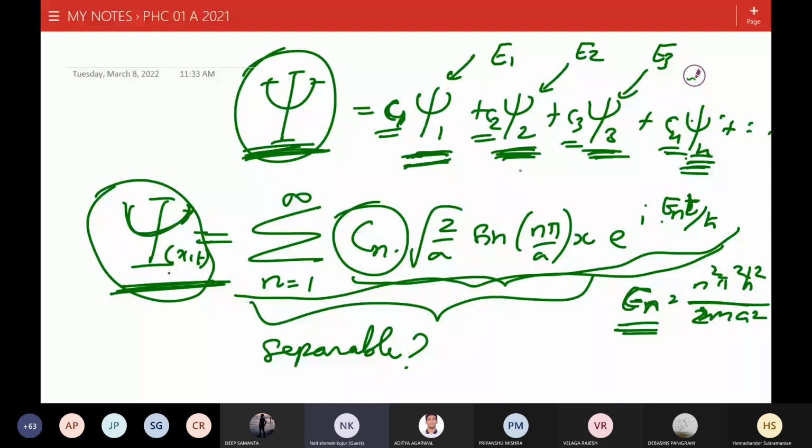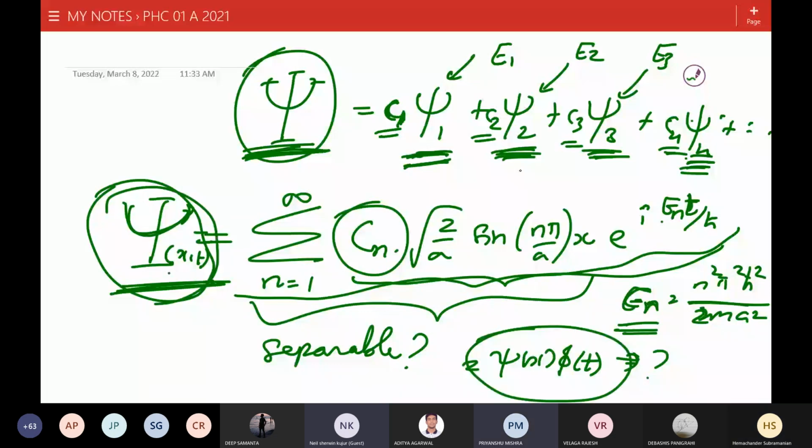Can this function, psi of x comma t, be written like this? For eigenfunctions, you can do this.